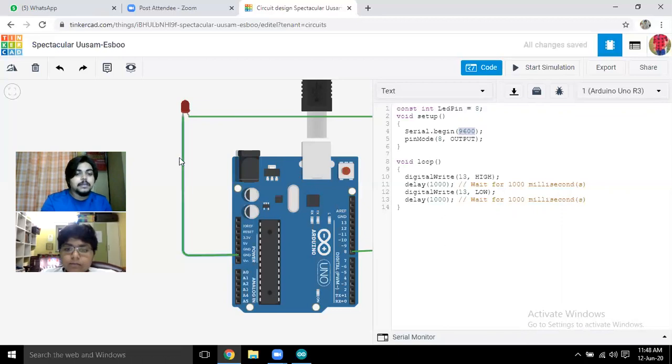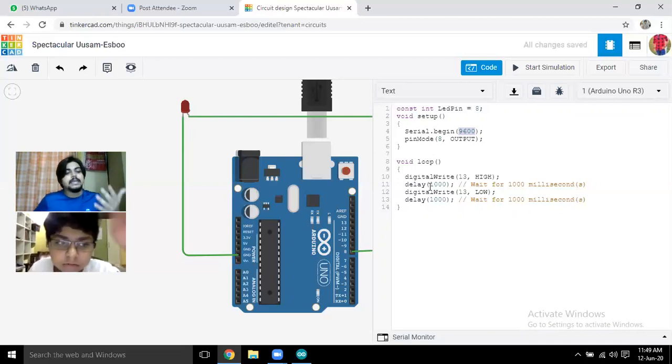See, the communication between the Arduino and the LED after being connected is serial communication. They will be sending instructions among themselves, and the name of this communication is serial communication. As soon as we write serial dot begin, we are saying that serial communication please start.